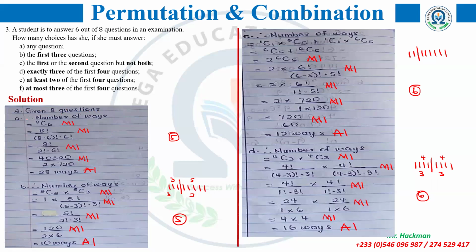So A, therefore, number of ways, if there are no restrictions, meaning if any question could be answered, then you know you have 8 questions and answering 6, so that would be 8 choose 6. In this case, somebody could have written number of choices just to be more specific. But number of choices is the same as number of ways.